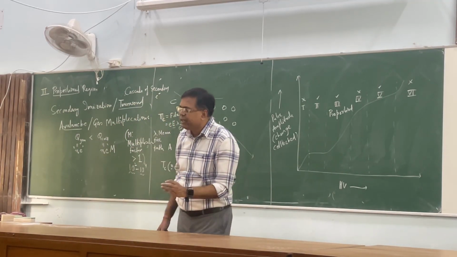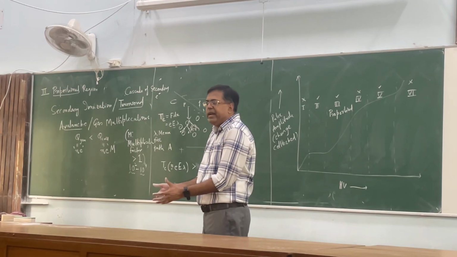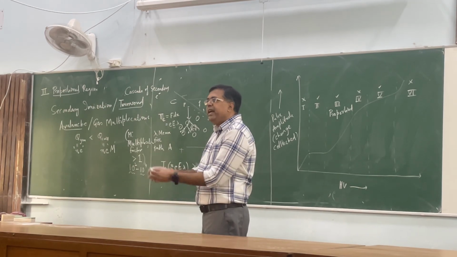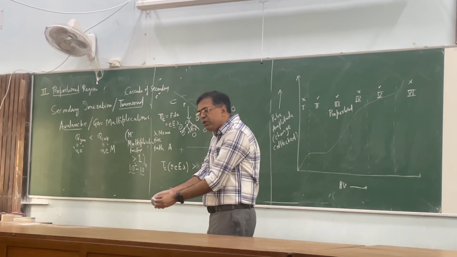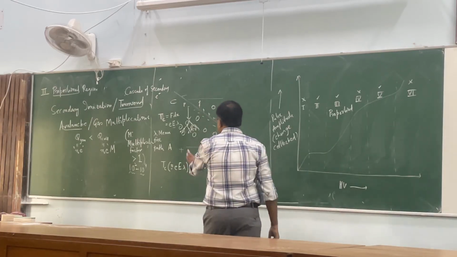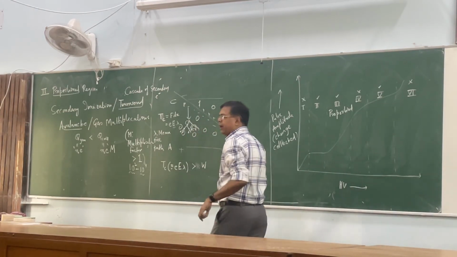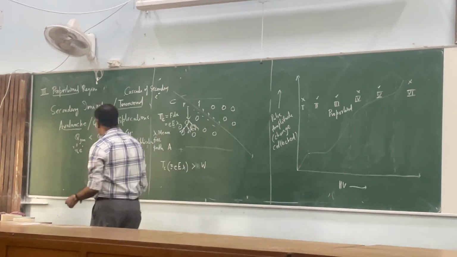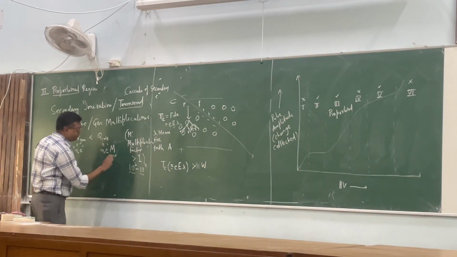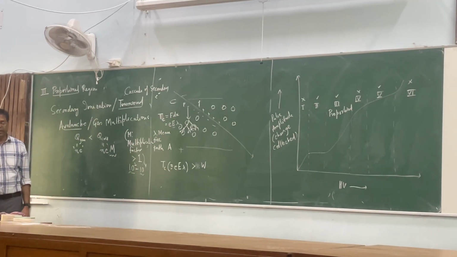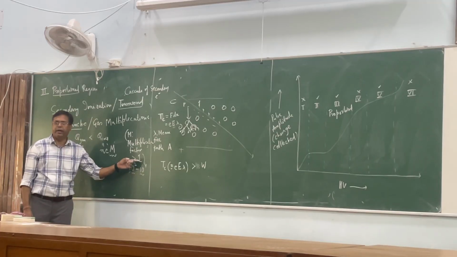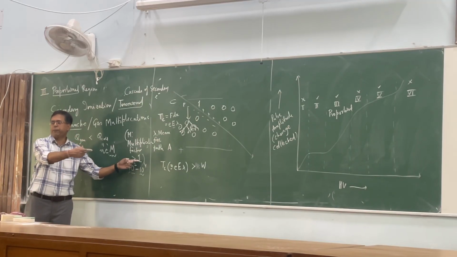I am putting it in a word called cascade of electrons. They all start drifting towards the anode, and these electrons will now be collected, resulting in this multiplication factor m, which is greater than 1 in the proportional region.